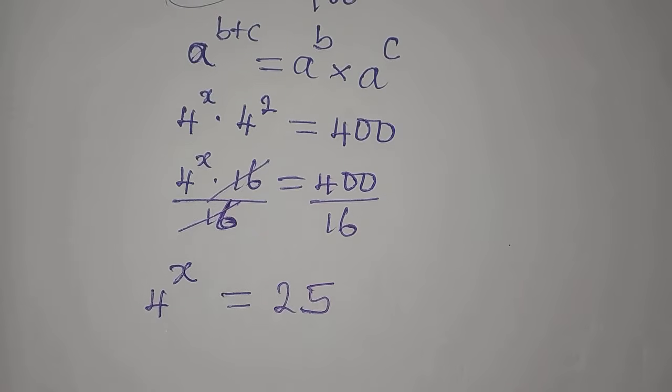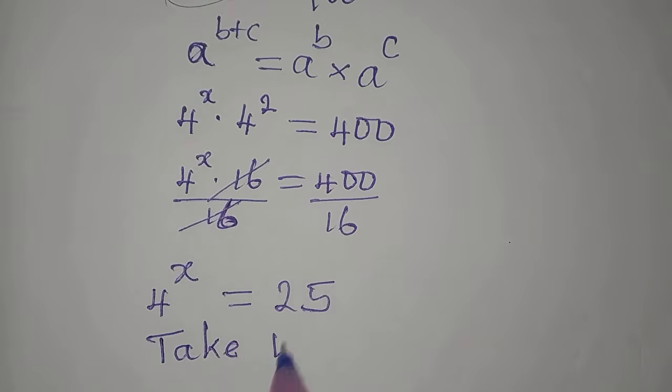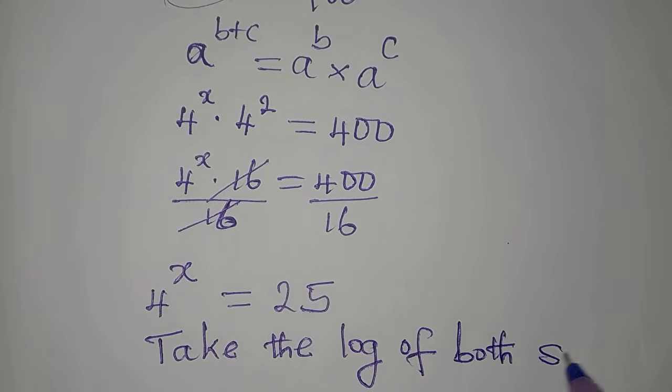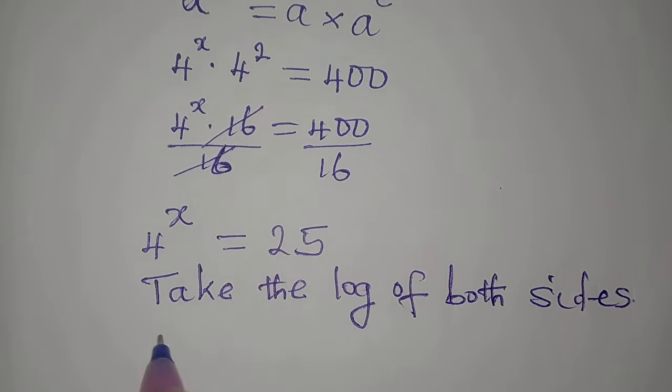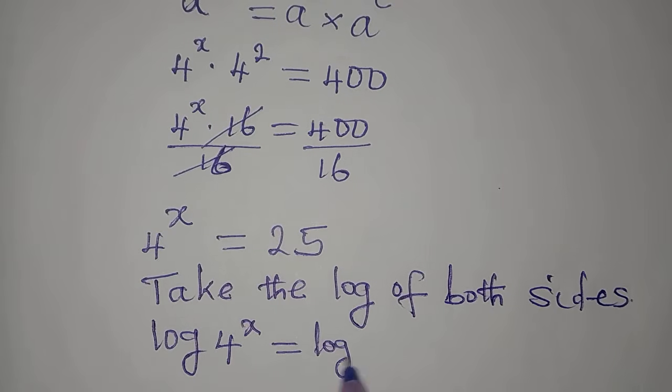And at this point, we'll just take the log of both sides, so that we'll have the log of 4 to the power of x equal to the log of 25.